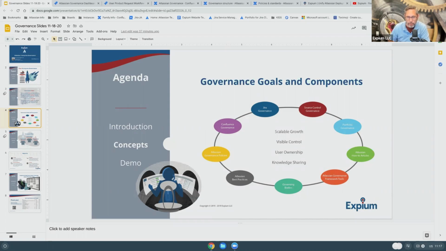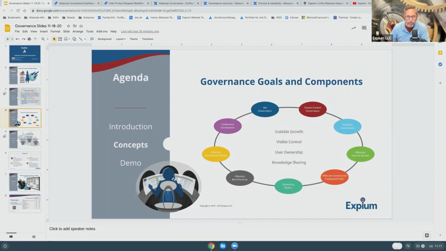Each of these products have a certain set of best practices. If you don't know what those best practices are, you are going to find yourself in a situation where the workers are going to be confused. People are going to build different things. Your rocket's going to fly sideways sometimes. So you really want to understand what the best practices are around those tools. Down at the bottom, we've got other things. Atlassian governance policies.